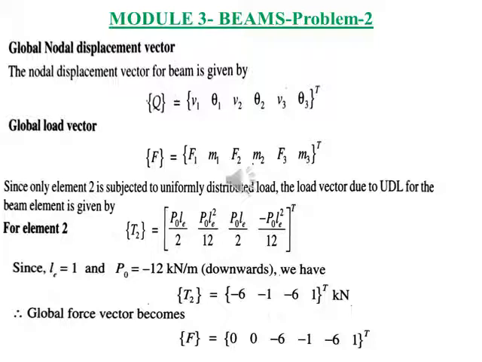So since only 2 elements are there, it is subjected to uniformly distributed load, and the load vector due to UDL for the beam element can be calculated for element 2 as P naught LE by 2, P naught LE square by 12, P naught LE divided by 2 and minus P naught LE square by 12, which will come to minus 6 minus 1 minus 6 and plus 1. So the global force vector becomes 0 0 minus 6 minus 1 minus 6 plus 1.